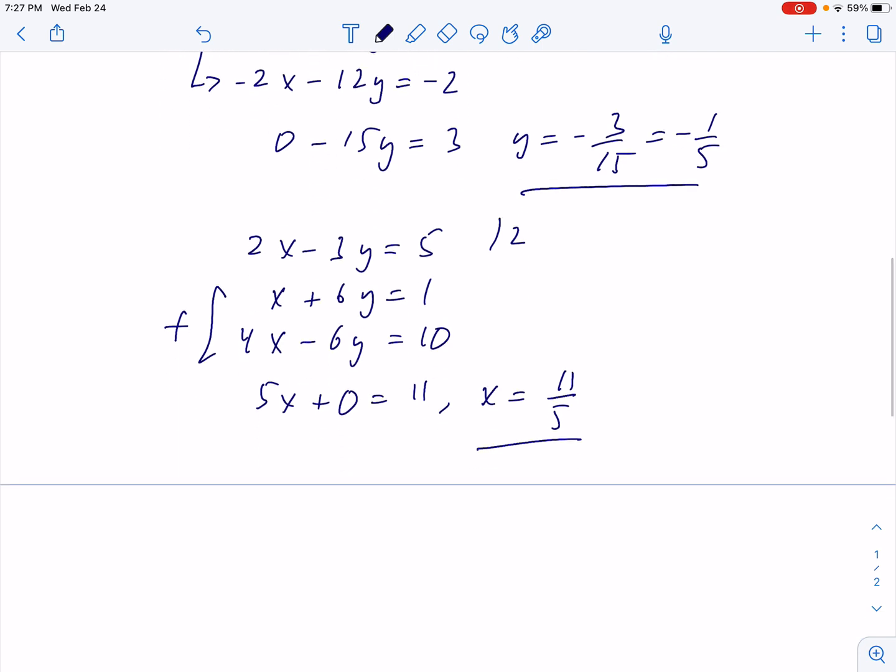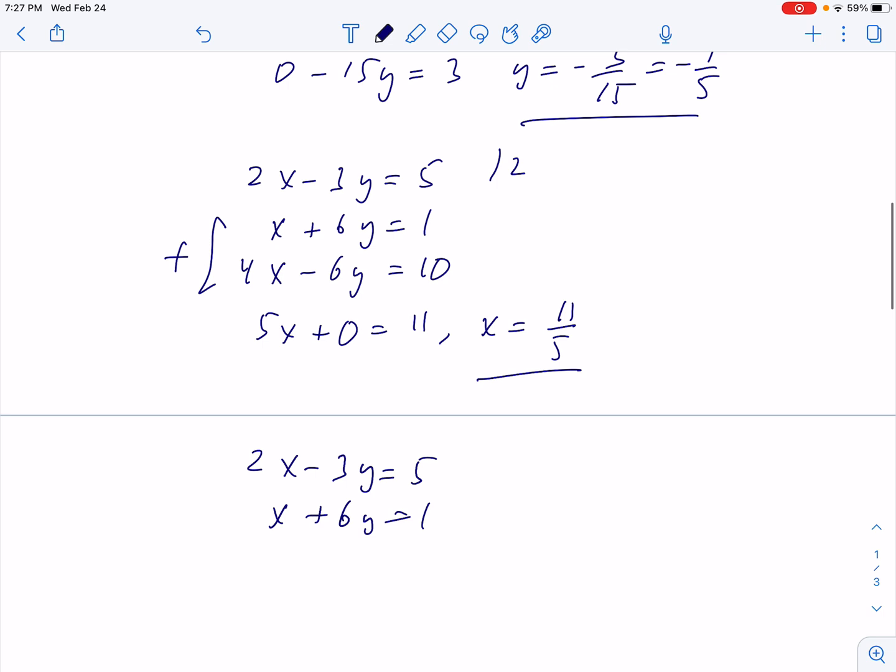Now, some remarks about geometry. I'm rewriting the system. Look at these equations. These two equations represent two lines in the plane, in the xy plane. This is a two-dimensional space. There are two coordinates.